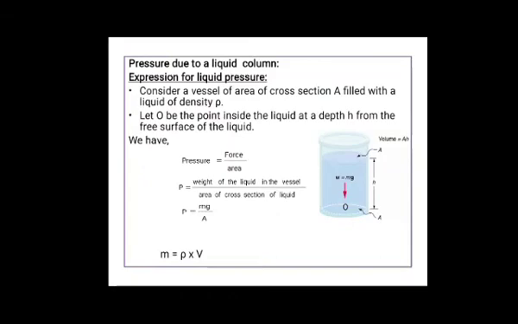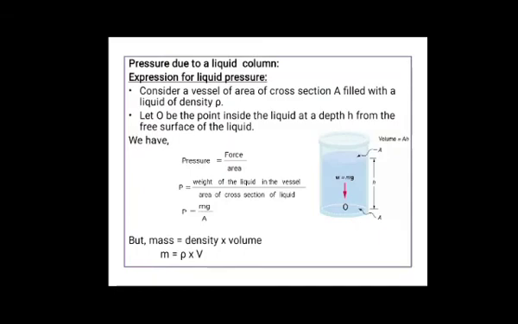But here the mass of the liquid is not known, but density we know. So let us express this mass in terms of density. How to express? As we know, density is equal to mass divided by volume. So mass is equal to density into volume.